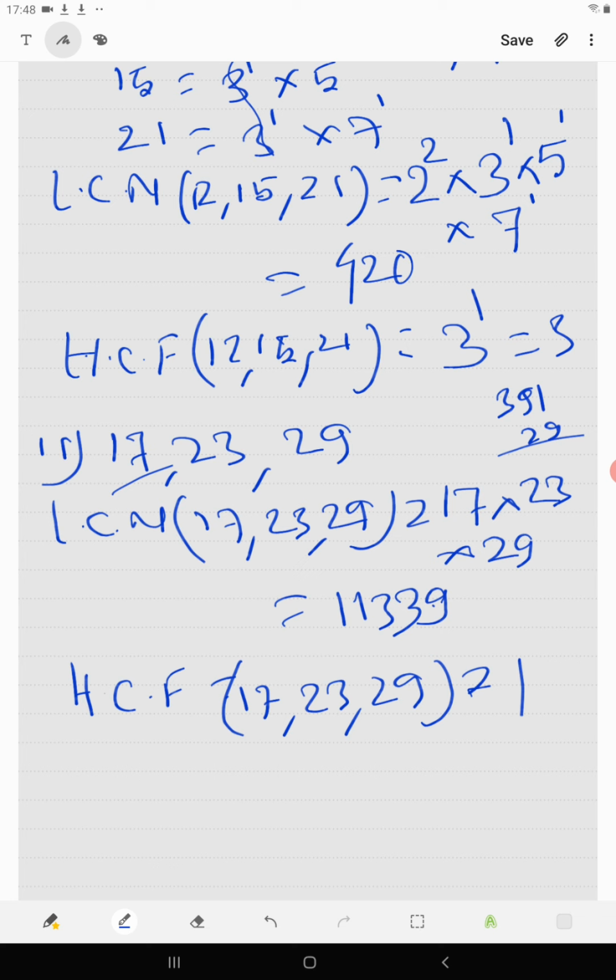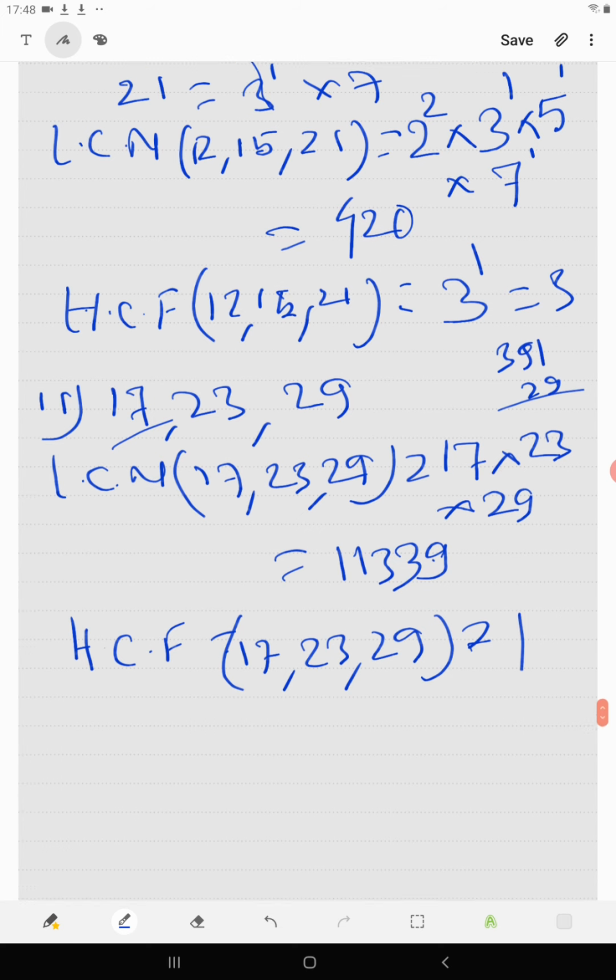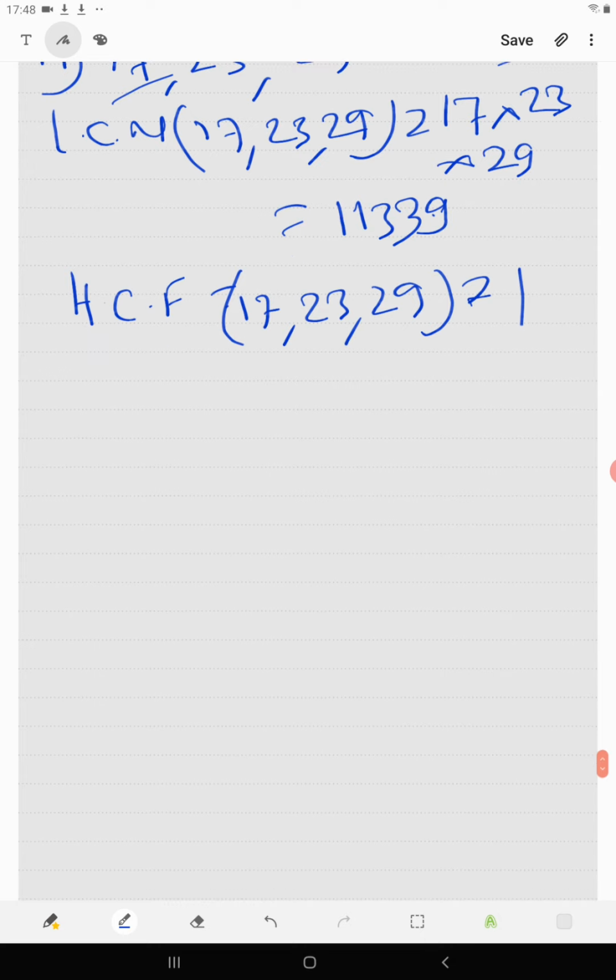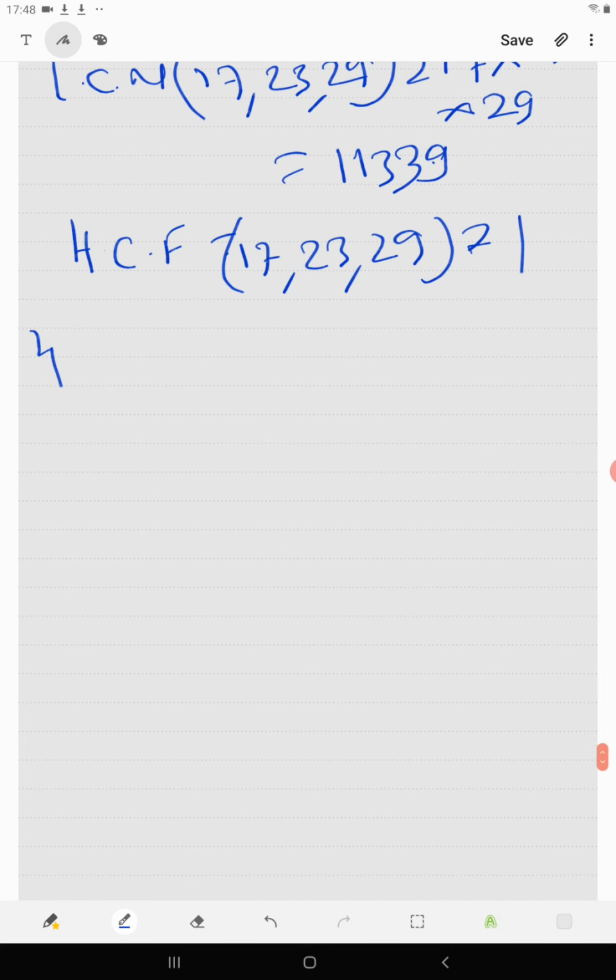Okay, let's move on. Let's do the fourth problem. What is the fourth problem? We have given HCF, and it is telling to find LCM. So we'll apply the formula. You remember HCF into LCM is product of two numbers.